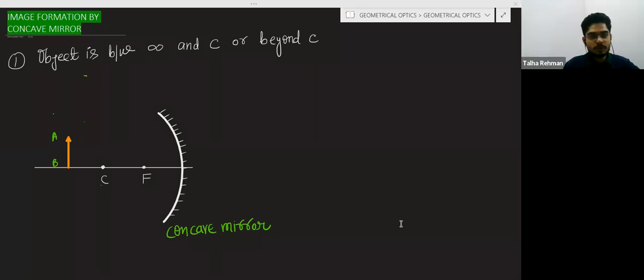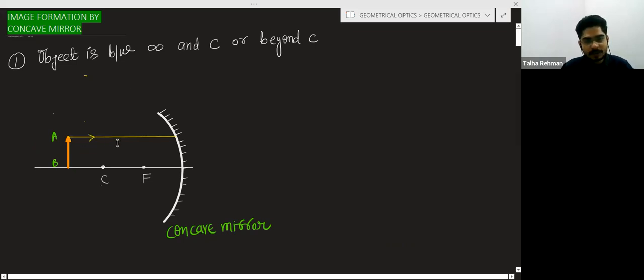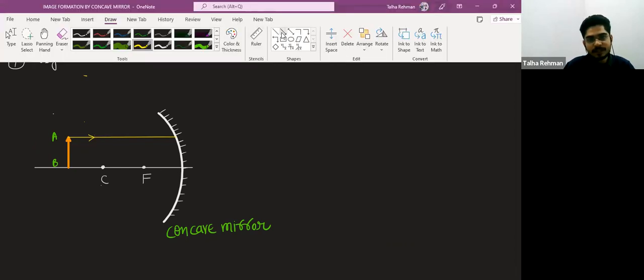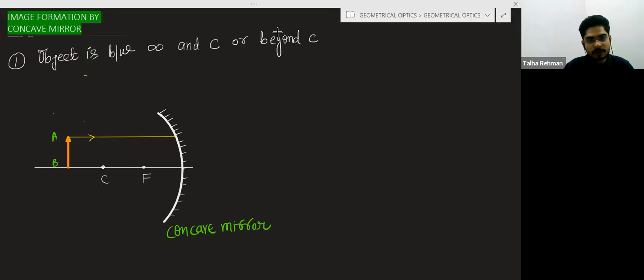So now see, this is the object, and this is the ray of light from this object. The first ray of light from this object, we know that whenever a ray of light is parallel to the principal axis, after reflection it will pass through the focus.